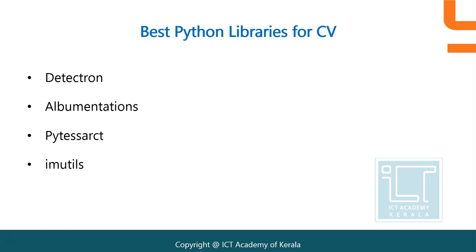The next one is imutils. That is a library containing convenience functions to make basic image processing operations such as translation, rotation, resizing and displaying. And the last one is PyTorch CV. That's a framework for deep learning in computer vision.